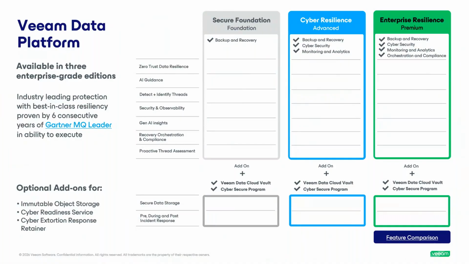The cyber resilience is advanced licensing, and then premium licensing there. As you go to the right-hand side, obviously you're going to get more features. You're going to get AI guidance. You're going to get detect and identify threats, secure and observability. Really what we're here talking about today is that orchestration and compliance piece.